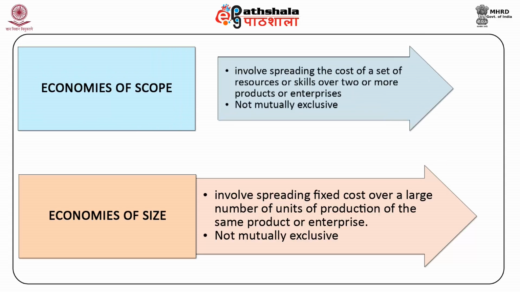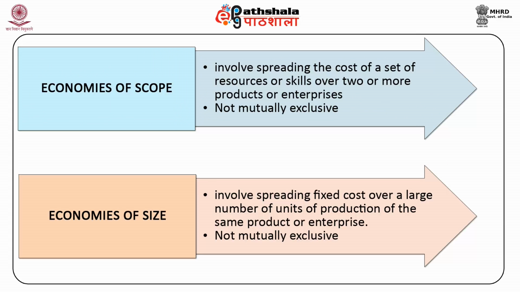Economies of scope involve spreading the cost of a set of resources or skills over two or more products or enterprises. However, economies of size and economies of scope are not mutually exclusive. While economies of scope allow costs to be spread over several enterprises, the size of each enterprise can be increased to also achieve economies of size.